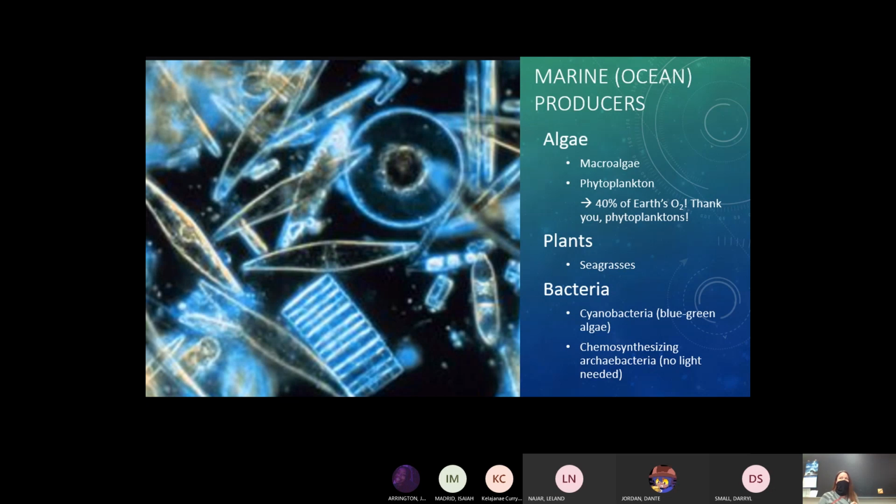Almost half of what we breathe in comes from algae and phytoplankton. So that's actually our biggest producers of oxygen. Plants, you get all the seagrasses and seaweeds, bacteria, cyanobacteria, which was the first thing we know of that ever existed on Earth. And then chemosynthesizing archaeobacteria. Do you guys remember what chemosynthesizing is?